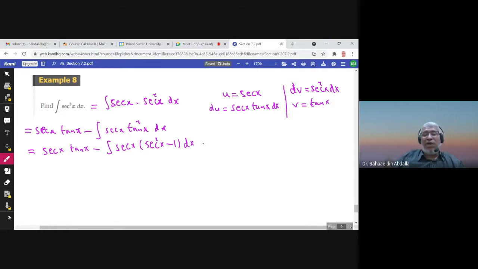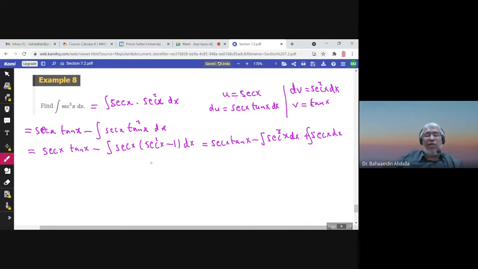And then I will have secant x tan x minus the integral, secant times secant is secant cubed x dx. I'll make them two integrals. Minus times minus would be plus the integral of secant x dx, of course.